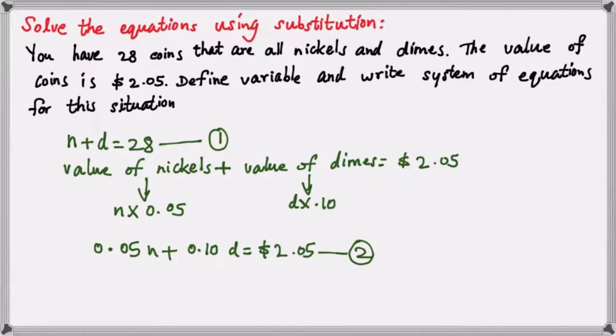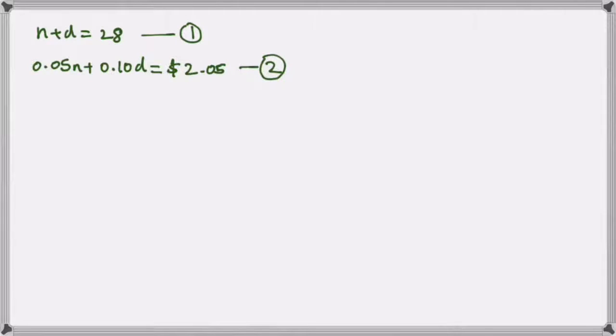Now let me write down equation 1 and equation 2 on a clean board. So now if you look at equation 1, what we need to do is, in one of these equations, write d in terms of n, or n in terms of d.